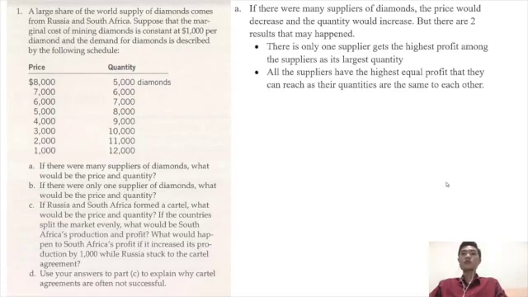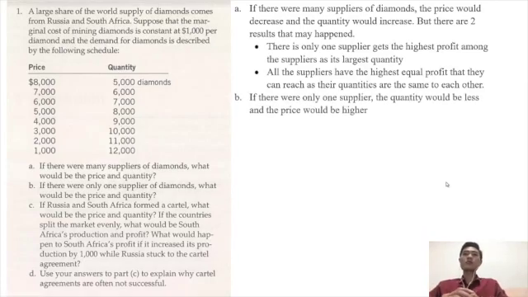If there were only one supplier of diamonds, what would be the price and the quantity? If there were only one supplier, the quantity would be less and the price would be higher, because with only one supplier it will be a dominant market. The supplier will have the power to control the price and the quantity, and because there is only one supplier, they cannot produce as much as many suppliers.